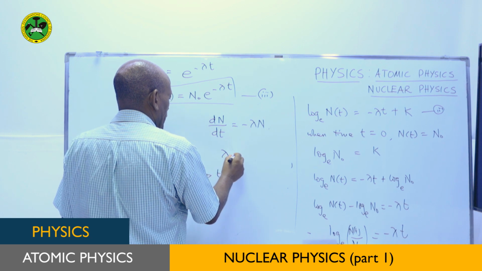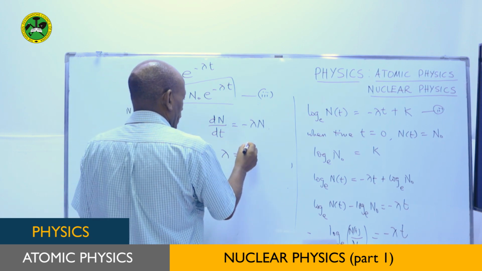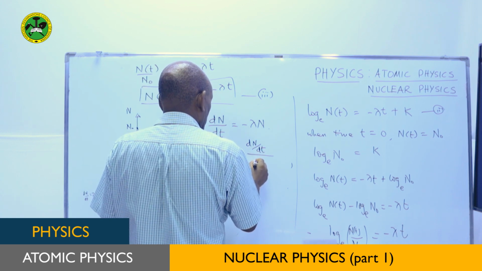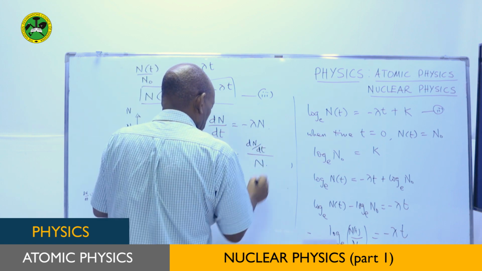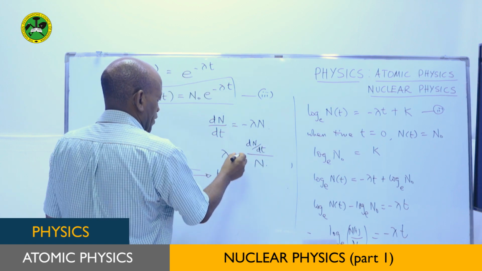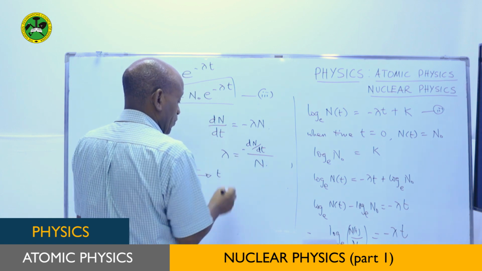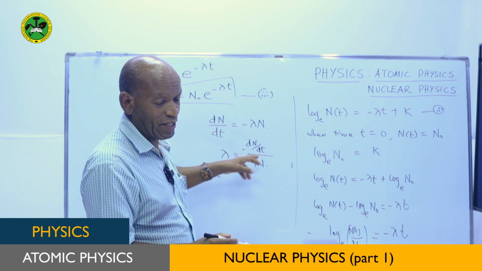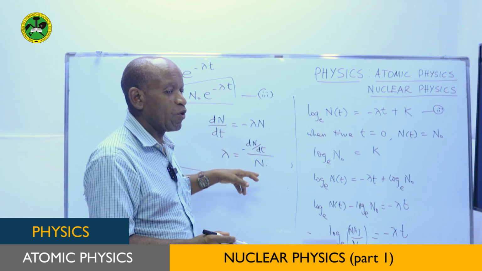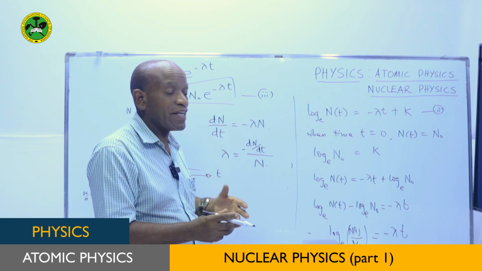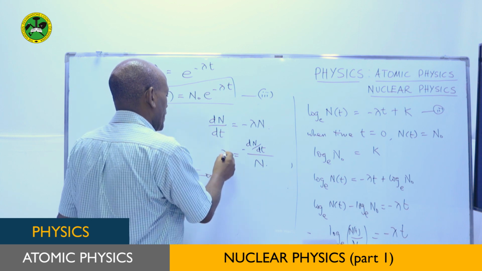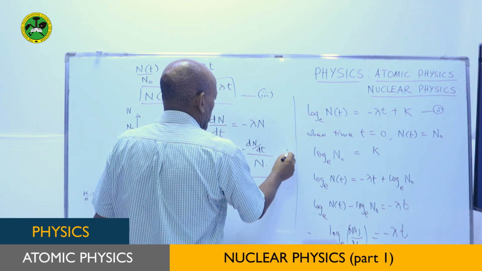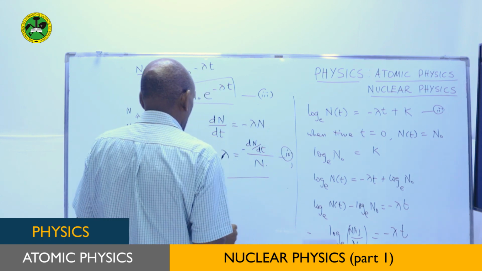If I transpose and make lambda the subject of the formula, I will have lambda equal to minus dN/dt over N. With this expression, with the negative sign there, we can define the decay constant as the rate of disintegration per unit atom present in a sample. That will be the decay constant, given by expression number 4.